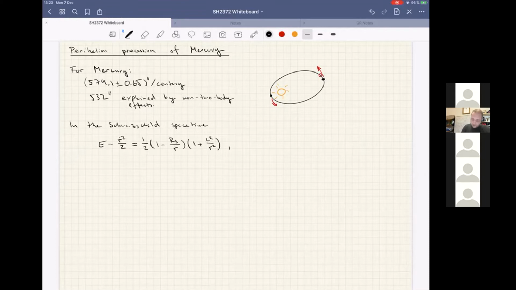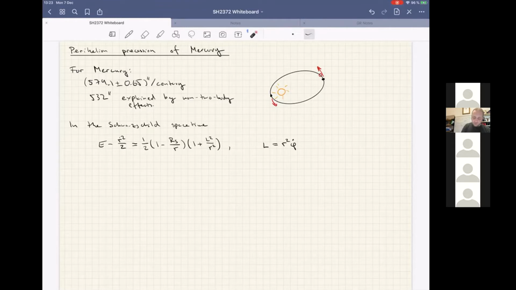And we also had that L, this specific angular momentum, was given by r squared phi dot, where phi is the angle in the orbit.